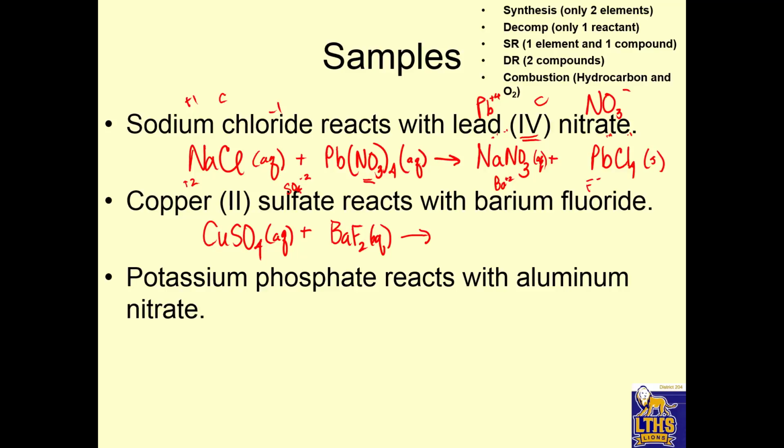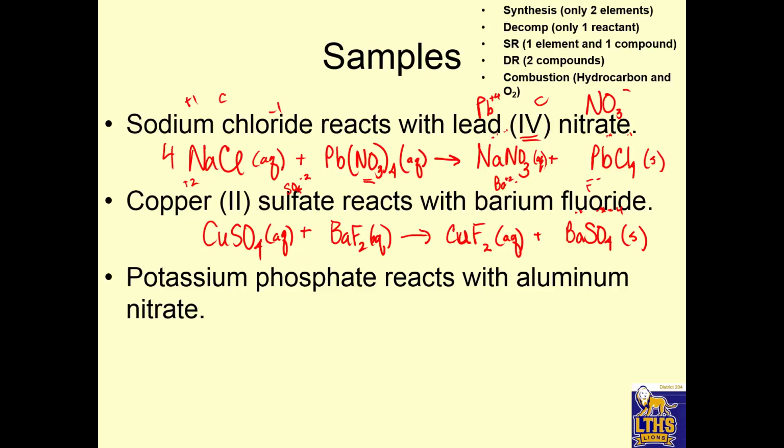Alright, switcheroo. So we have copper because it's first and barium because it's first, +2 with a -2, +2 with a -1. Alright, so which one's aqueous and which one's solid? So +2 -2 equals 4, so this is going to be the solid, and this is going to be the aqueous.